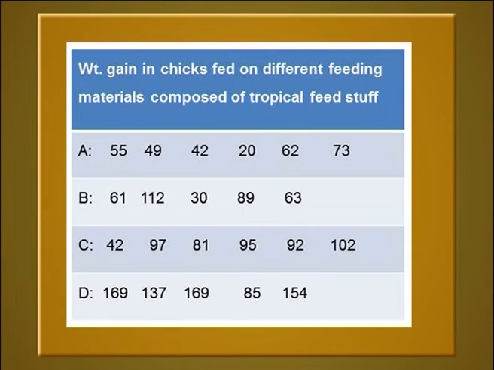Similarly, the second row gives the values of weight gain of chicks fed with the foodstuff B. The third row gives the weight gain of chicks when they are given foodstuff C, and the last row gives the weight gain of chicks when they are given foodstuff D.